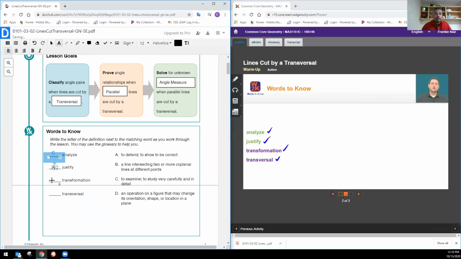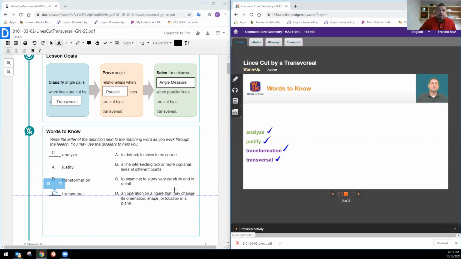So we're justifying it, right? Transformation is an operation on a figure that may change it. And a transversal is a line that intersects two or more coplanar lines at different points. So that's basically a line that will cut through.